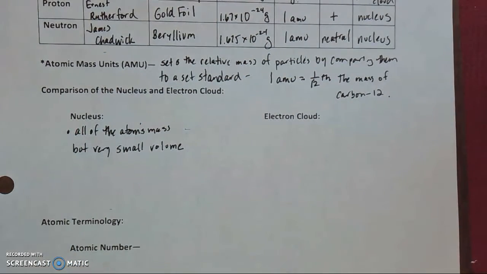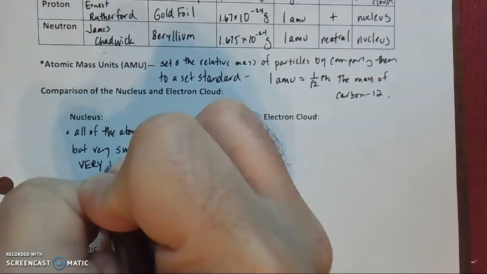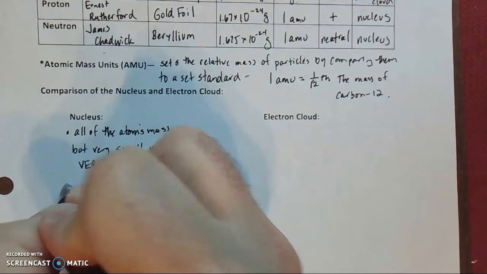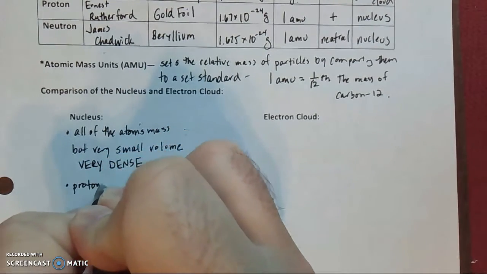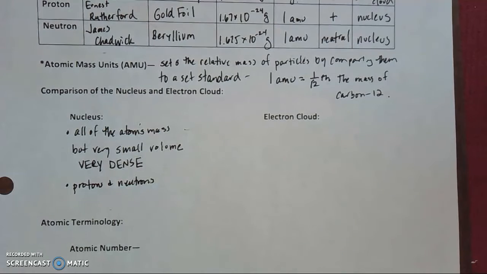It's really packed into this little nucleus, which means that it is very dense. Here we have the protons and the neutrons of the atom, and they're all compacted in.